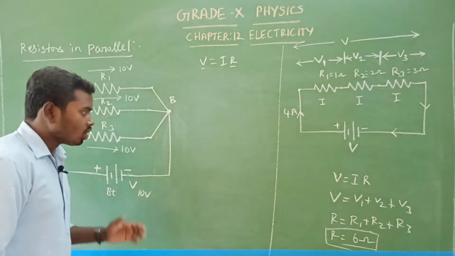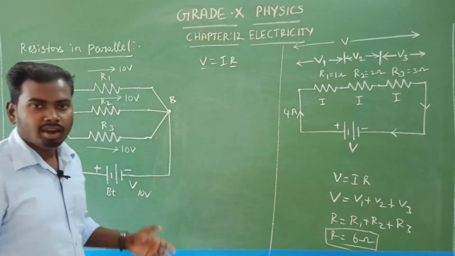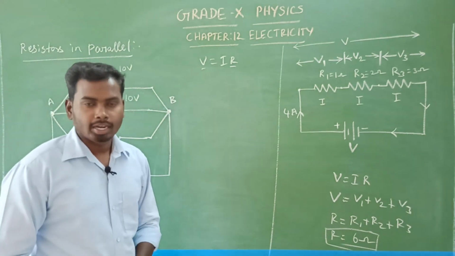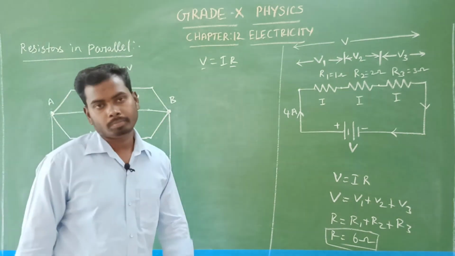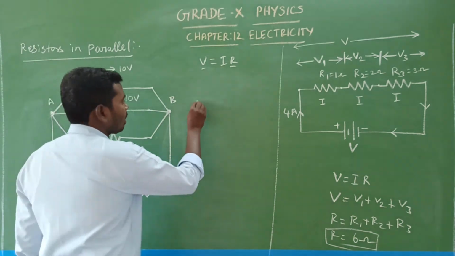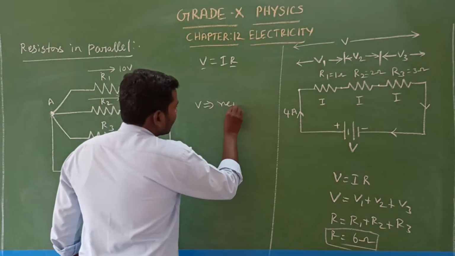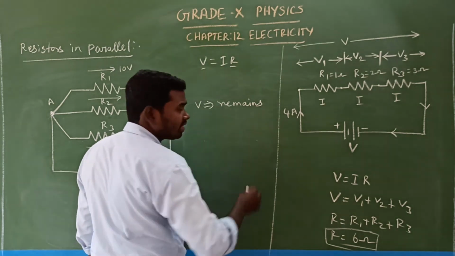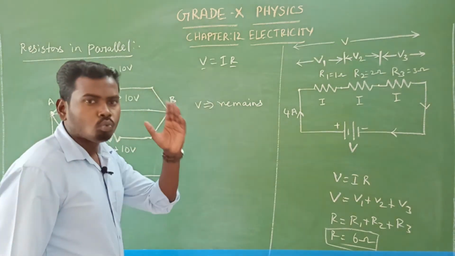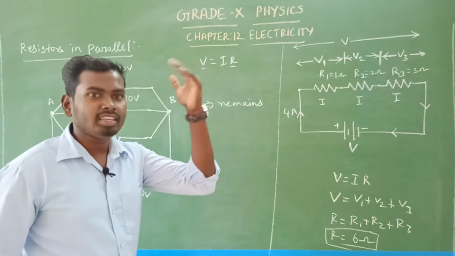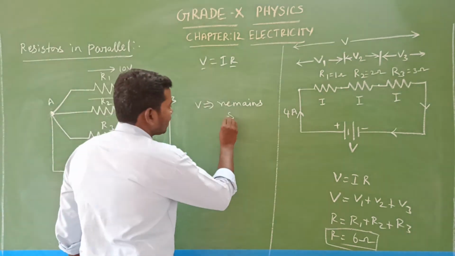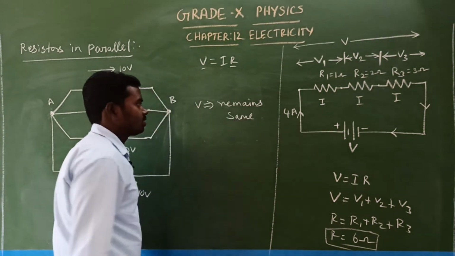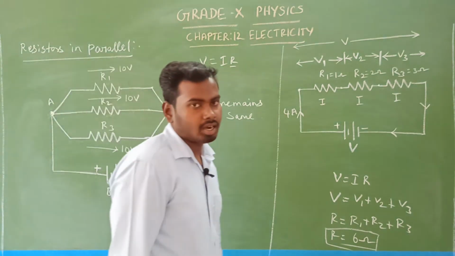Is it clear? So in parallel combination, voltage remains the same across each resistor. That's all, students. This is the content.